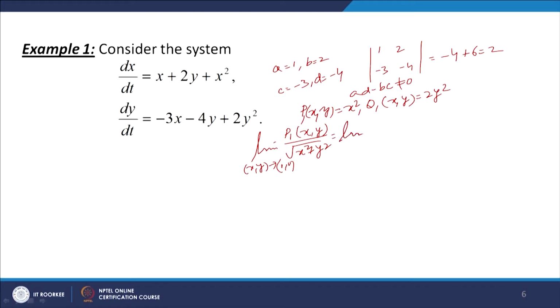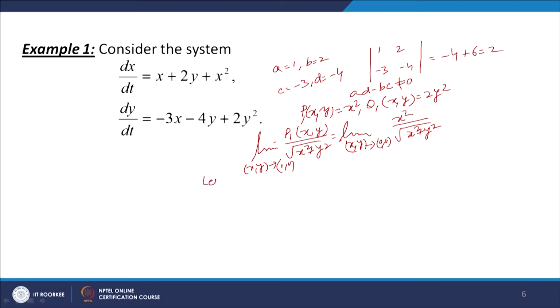So, this is the limit as (x, y) tends to (0, 0) of x squared over the square root of x squared plus y squared. Now, we know that in order to find this limit, we go by the epsilon delta definition. So, in order to show that this limit is 0, let us begin with an epsilon which is a positive number.